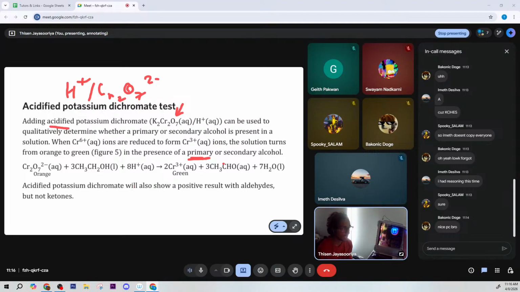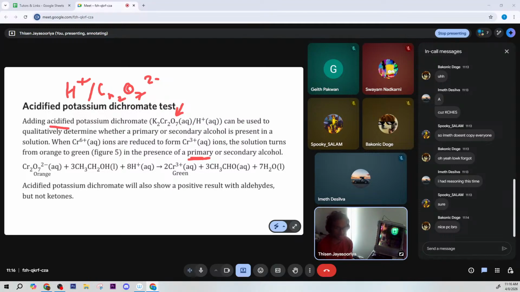If it's a primary alcohol, you should get an aldehyde. If it's a secondary alcohol, you should get a ketone. This is just pulling from the organic pathway stuff that we did yesterday. This isn't new stuff, it's more or less reinforcing what you've learned before. Does anyone have any questions about that at all?